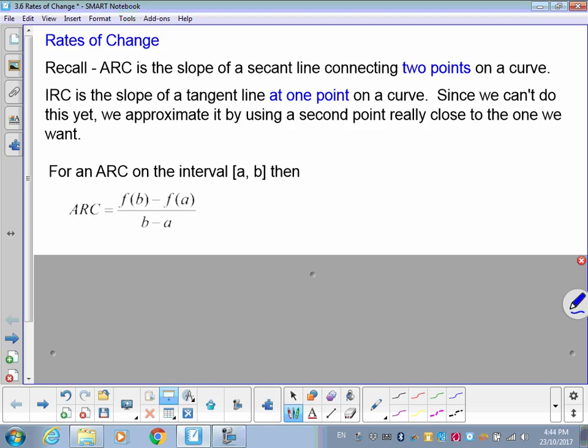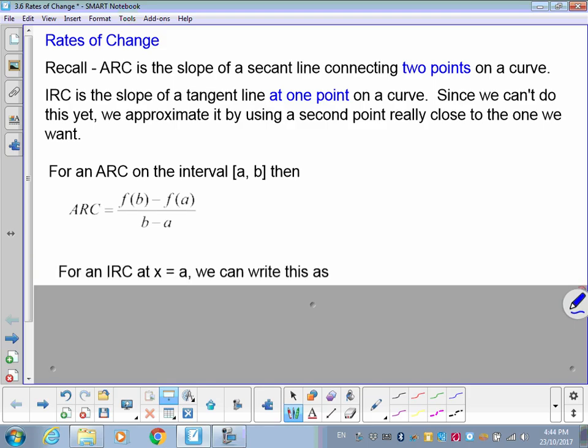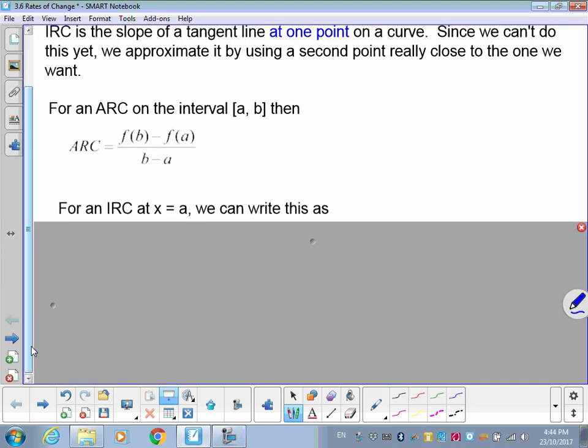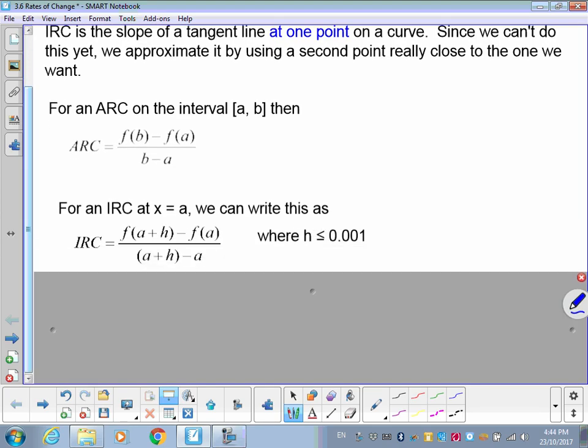What did we do differently for the instantaneous rate of change? Well, remember there, we went with 2 points still, but the one was really close to the one we wanted. So if we wanted the instantaneous rate of change at x equals a, that's this guy right here, then we went for another point really close to it where we added to the x value, and we wanted that amount to be less than or equal to 0.001.